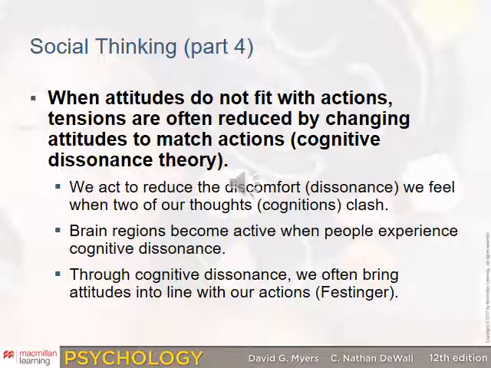Dissonance can play a role in how people act, think, and make decisions. So we act to reduce the discomfort we feel when two of our thoughts clash. Our brain regions become active when people experience cognitive dissonance. And through cognitive dissonance, we often bring attitudes in line with our actions. So changing our behavior can change how we think about others and how we feel about ourselves.